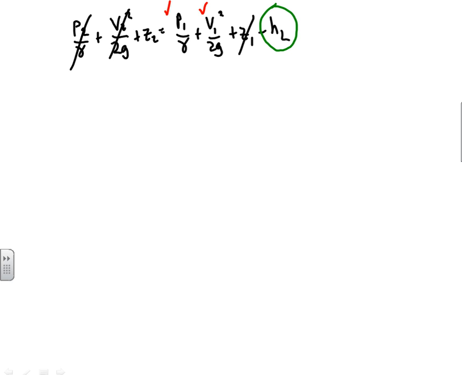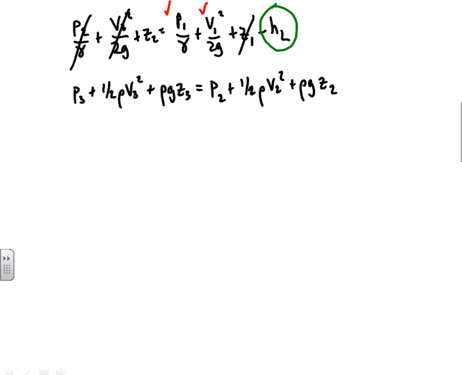From the exit of the jet to the top, I can use Bernoulli, and write P3 plus 1/2 rho V3 squared plus rho G Z3 is equal to P2 plus 1/2 rho V2 squared plus rho G Z2. P3 is 0, P2 is 0, free jet. V2 we said was 0, and now I can rearrange this to get an expression for V3.